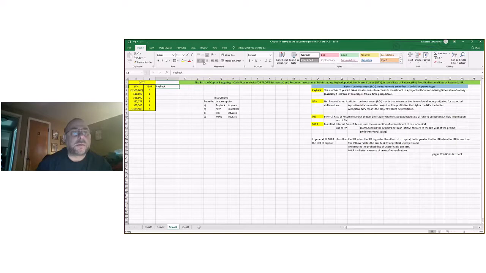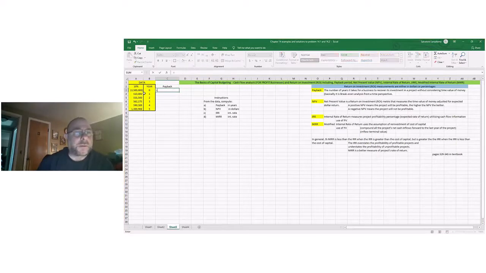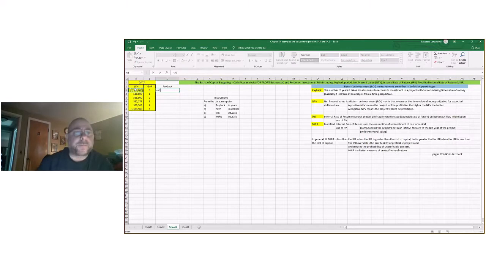And initially we are out 2.5 million. But then after the first year, we have earned $510,000. So let's add that 510 to the negative 2.5 million, and you can see that we are now getting closer to zero.